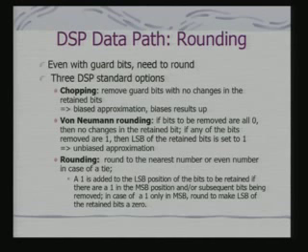That means, if I am removing 3 bits, if the number is say 1 1 0 or 1 0 1, what shall I do? I add 1 to the LSB of the retained bits.